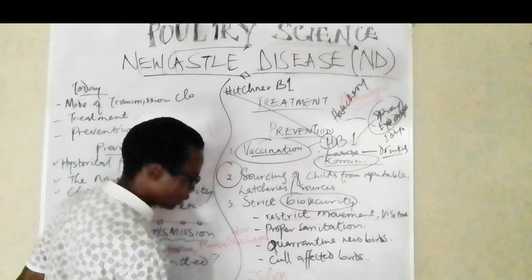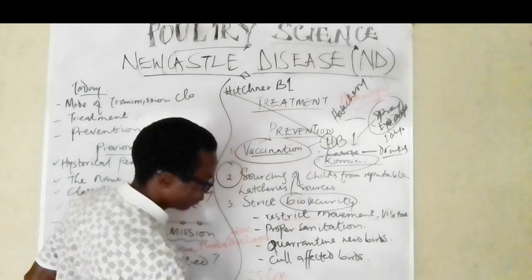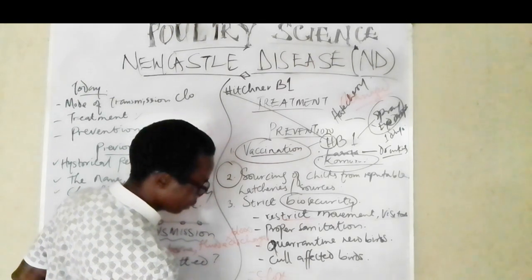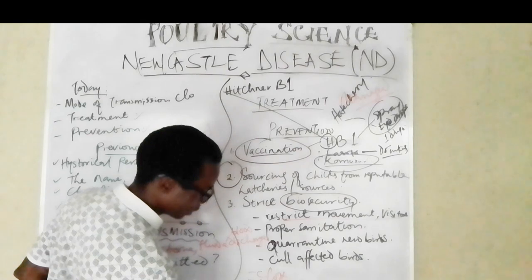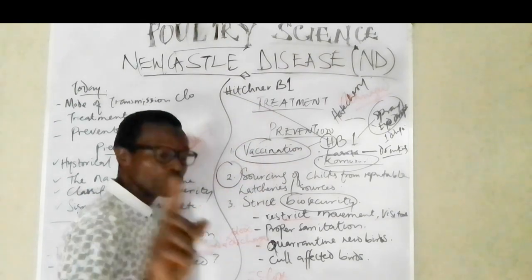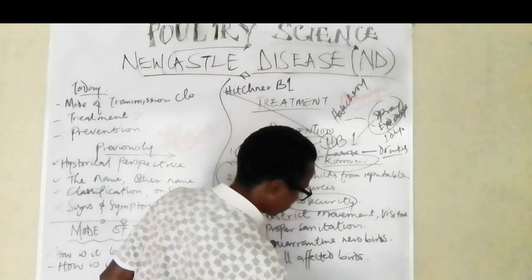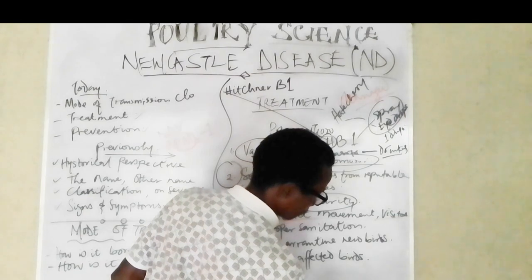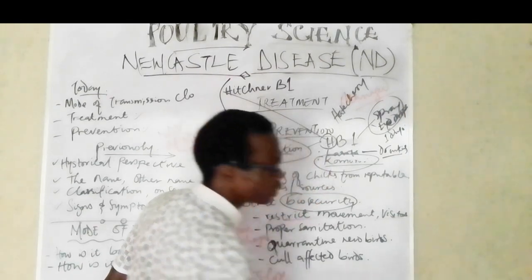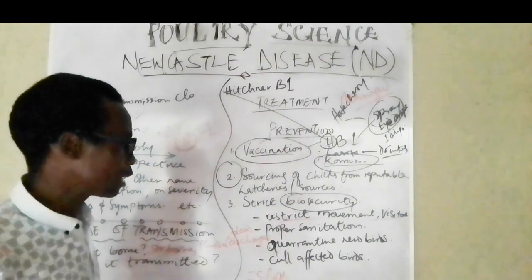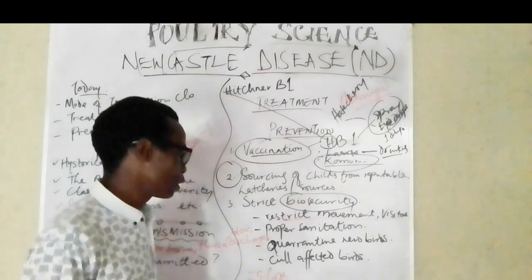It can come in through visitors. It can come through shoes. It can come through vehicles. So you have to be careful. And also stray birds. Avoid stray birds. Then that will now lead me to the next thing.